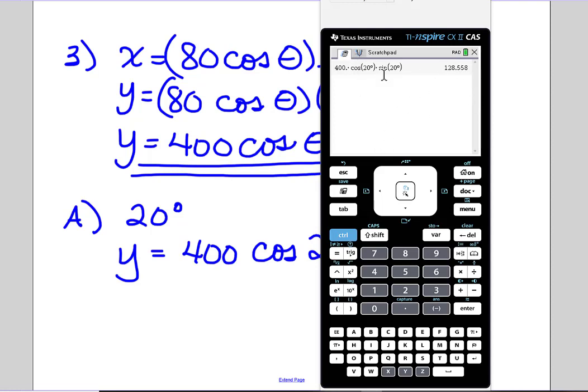And then the last one, if we just copy and paste this and substitute 25 degrees in there, the ball travels 153.21 yards down the fairway.